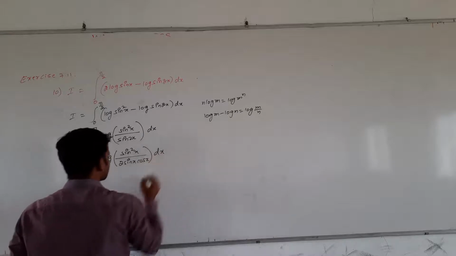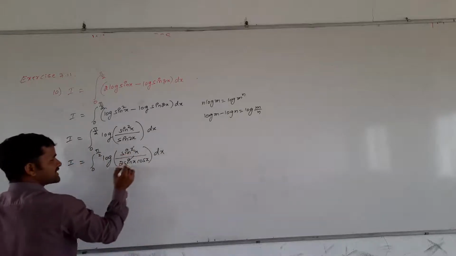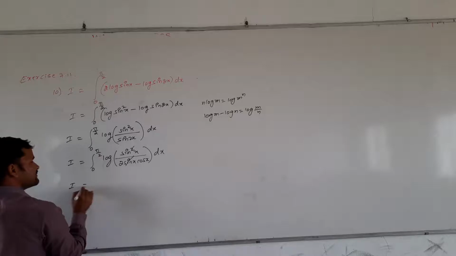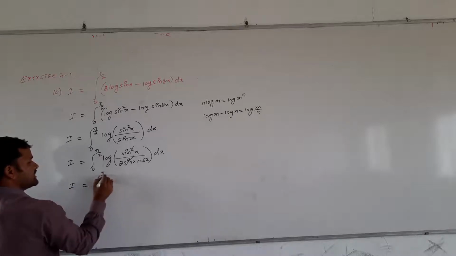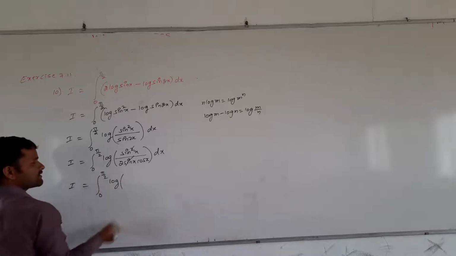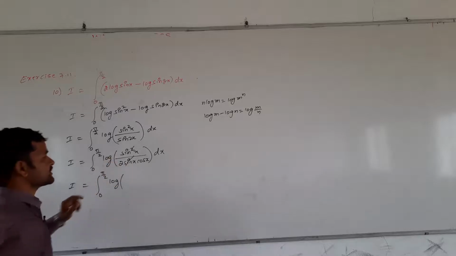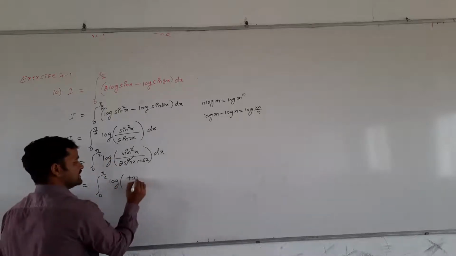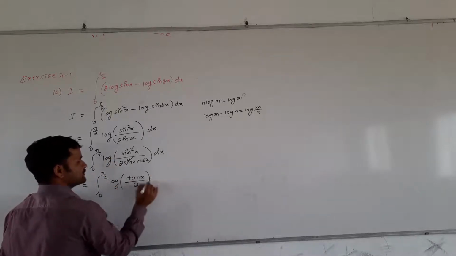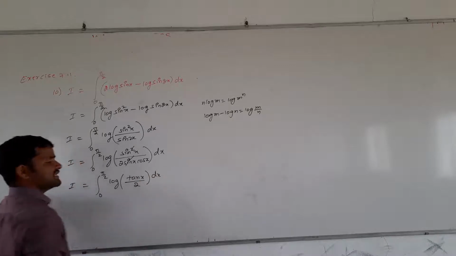One sin gets cancelled out. We have I is equal to the integral from 0 to pi by 2 of log of sin x by cos x, which is tan x, so tan x by 2 into dx.